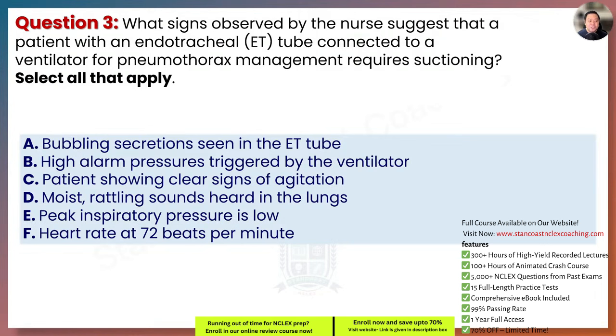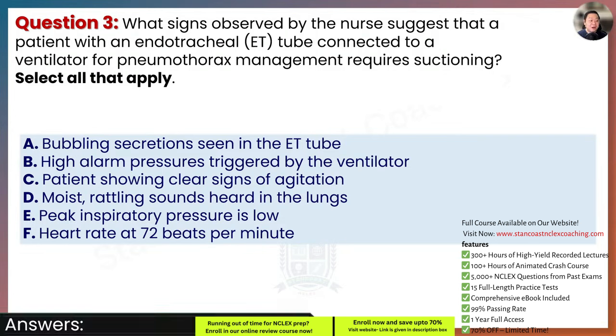C, patient showing clear signs of agitation. D, moist rattling sounds heard in the lungs. E, peak inspiratory pressure is low. And F, heart rate at 72 beats per minute. The answer here are the following options: A, B, C, and D.